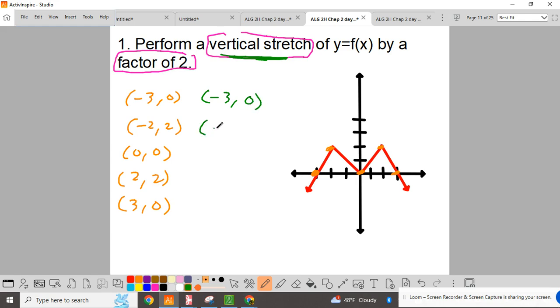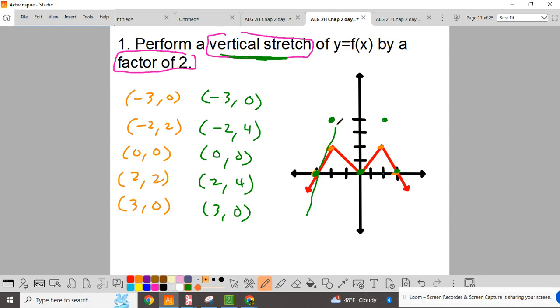Negative 2, 2 times 2 is 4. So the green one will be negative 3, 0, negative 2, 4, 0, 0, 2, 4, and 3, 0.